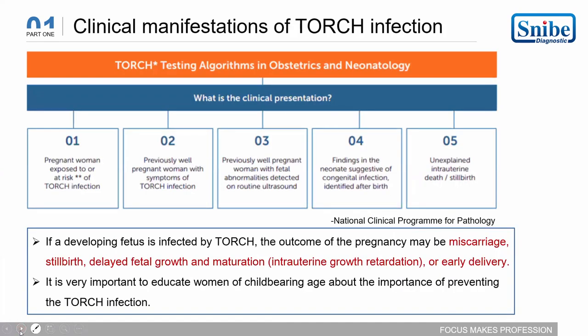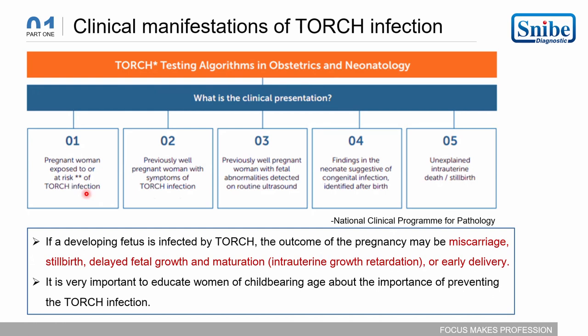Now, the clinical utilization or manifestation of TORCH infections: the TORCH testing algorithm is used in obstetrics and neonatology. What are the clinical presentations when you go for a TORCH profile? The first is a pregnant woman exposed to or at risk of TORCH infection; screening should be done.